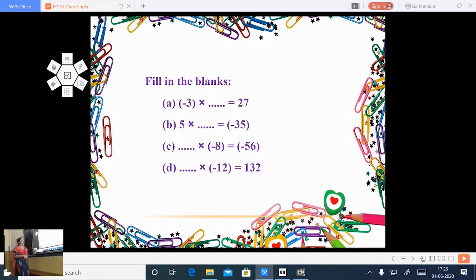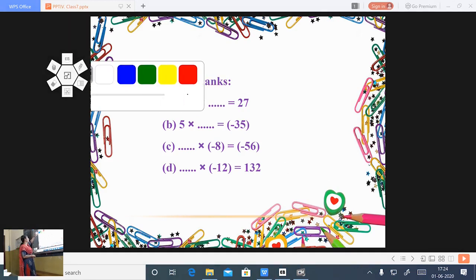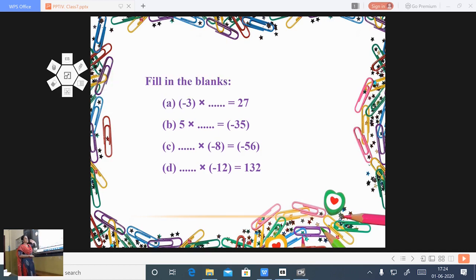Then one more question. Fill in the blanks. First one, minus 3 into dash is equal to 27. First we can consider the number. Which number should be multiplied by 3 to get 27? Obviously it is 9. 9 3s are 27. Then consider the sign. Here the product is positive.